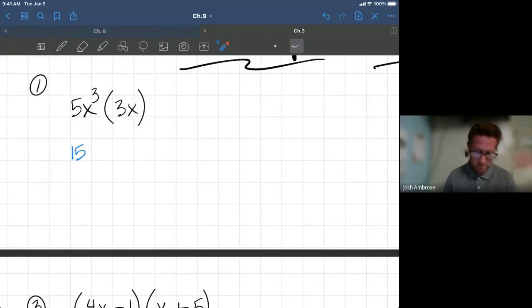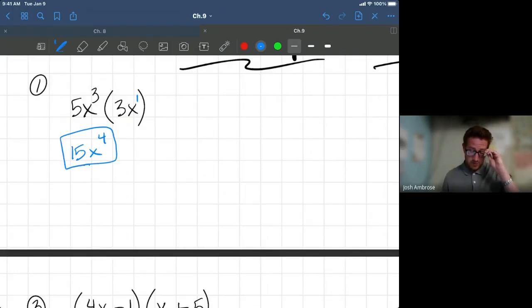Now here comes the part where it's the same base, add the exponent. I'm going to put a 1 right here because we have to know we're looking at the same base. They're both x. So what do I do with those exponents? I have a 3 plus a 1 giving me x to the power of 4.